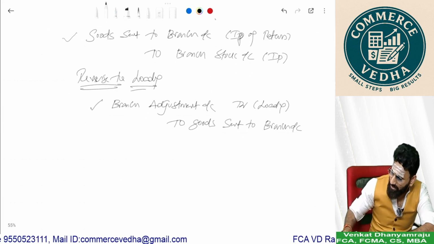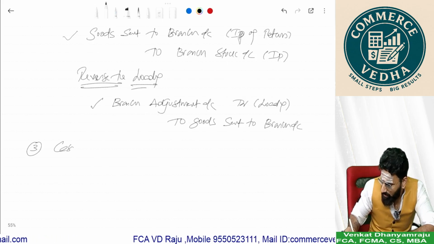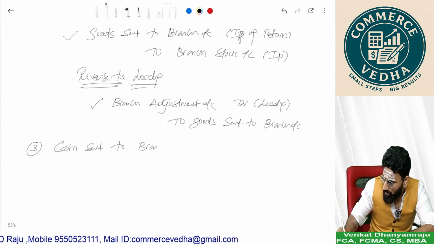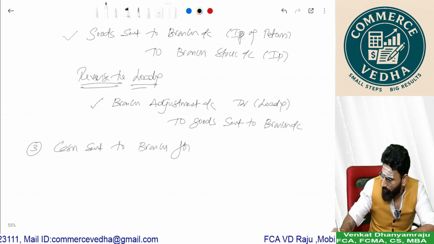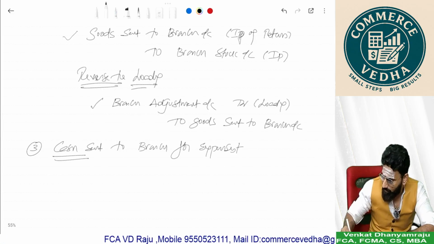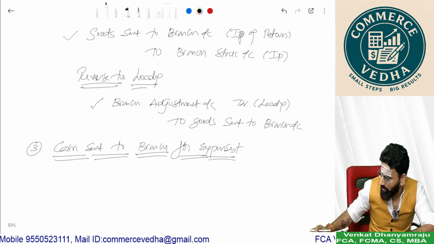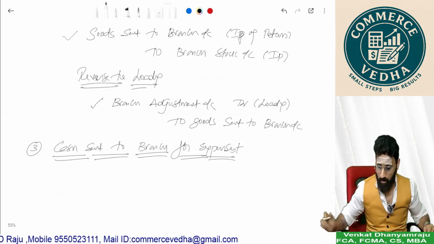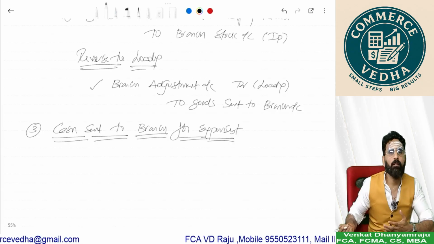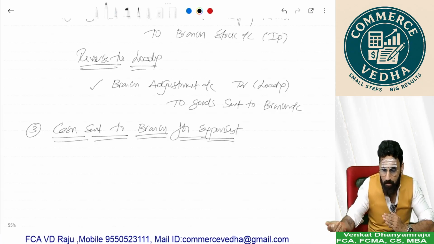Now, the next important thing here is cash sent to branch for expenses. Cash sent to branch for expenses. So head office sent cash to branch, so cash went to branch cash account.